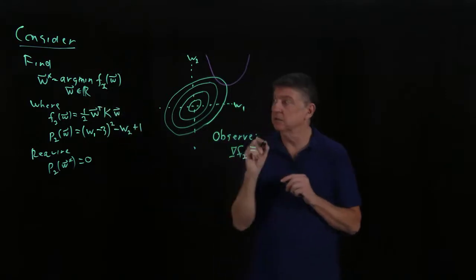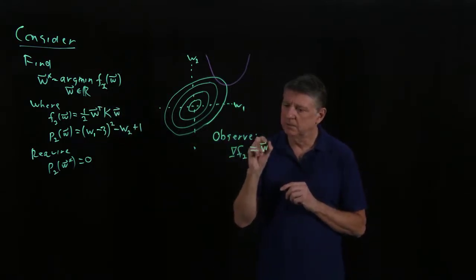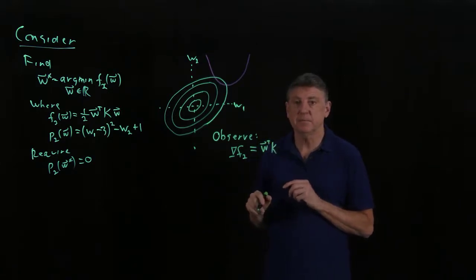The 2's would cancel, so that would be W transpose times this symmetric positive semi-definite matrix.